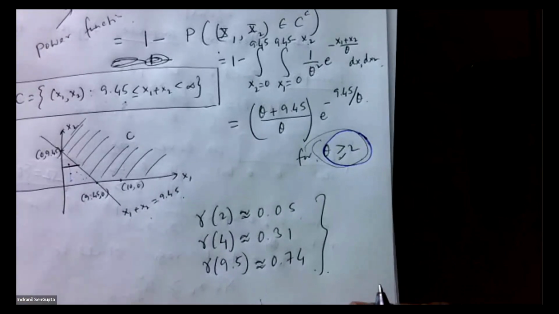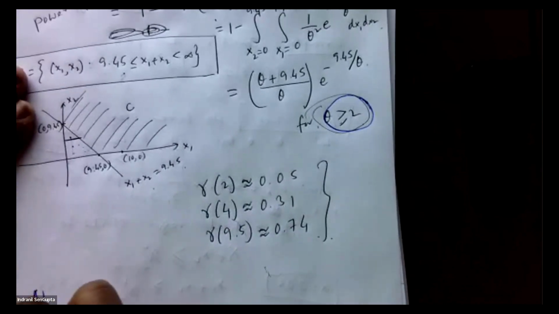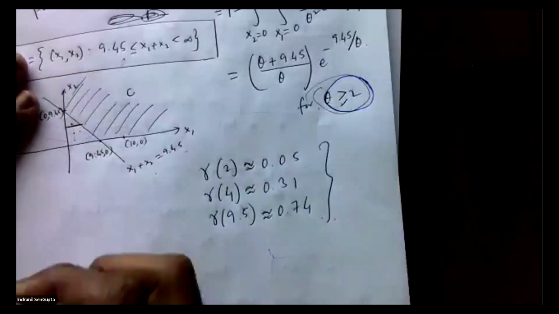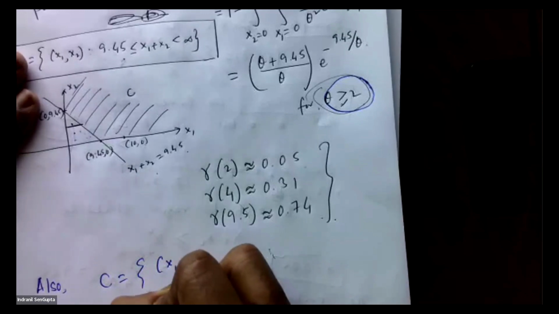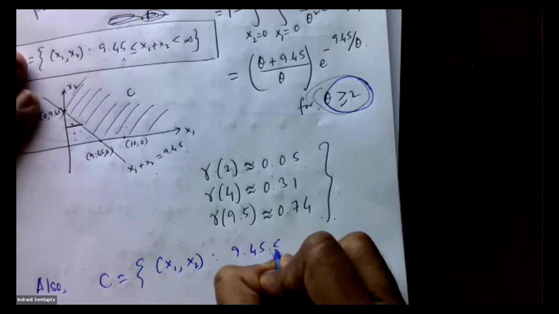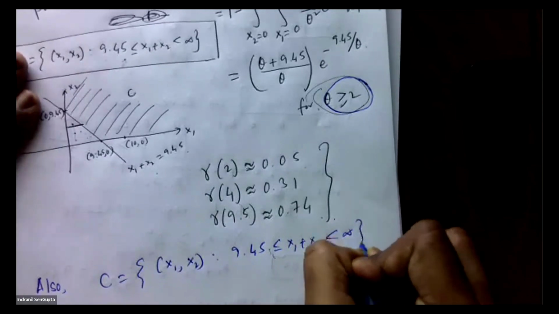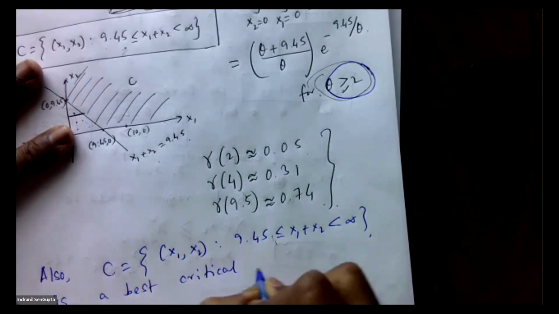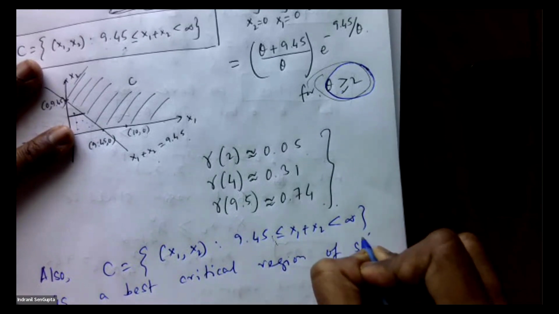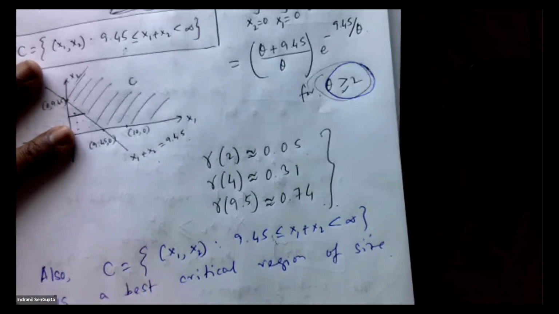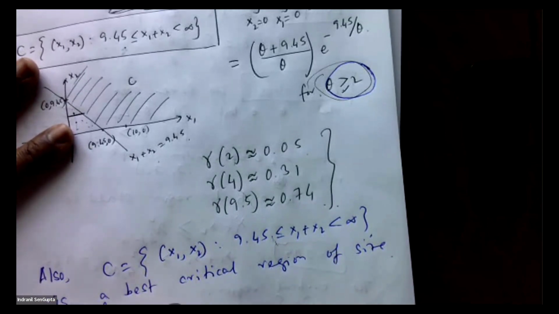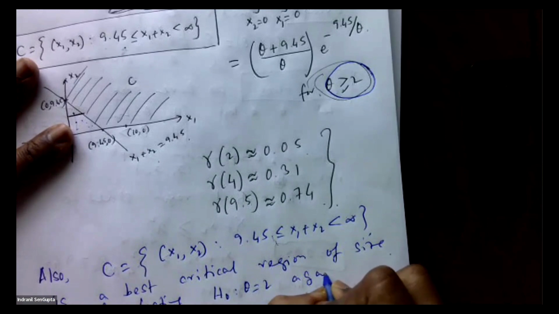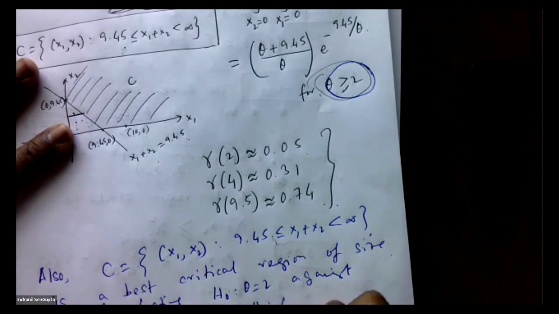Okay. So therefore, also a note. C, which is constructed out of this one, x1, x2, 9.45 less than x1 plus x2 less than infinity, is a best critical region of size 0.05 for testing H0 theta equals 2 against H1 theta bigger than 2.